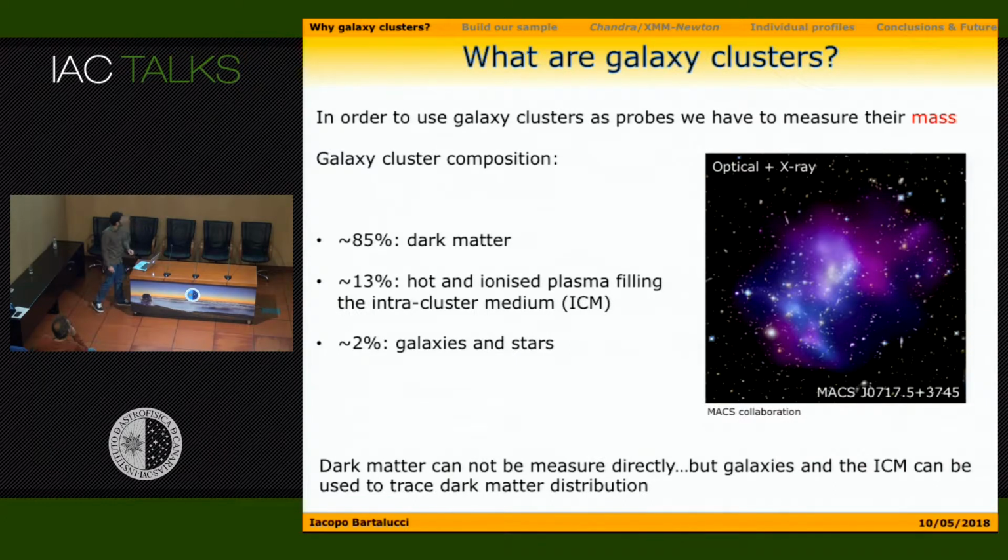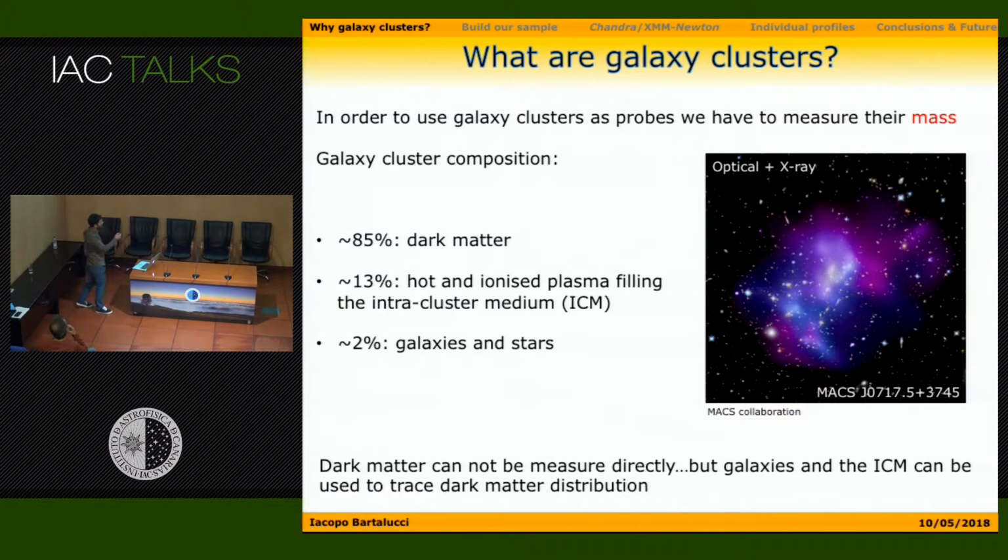Now, as I've shown, if you want to do cosmology with galaxy clusters, we have to measure the mass of a galaxy cluster. What is the content of a typical galaxy cluster? Despite their name, the main matter component of a galaxy cluster is dark matter, which forms more or less 85% of the total matter. Then the main baryonic component is a hot gas, called the ICM, which fills the intracluster volume.